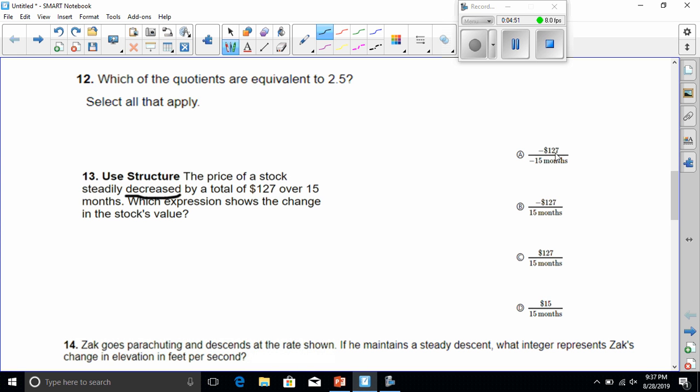So right off the bat, the only ones you should consider are A and B, because the other ones don't have a negative 127 on top. It says over 15 months. Well, there's no such thing as a negative 15 months. You can't go back in time. So the answer has to be B.